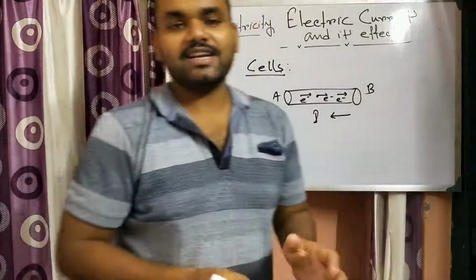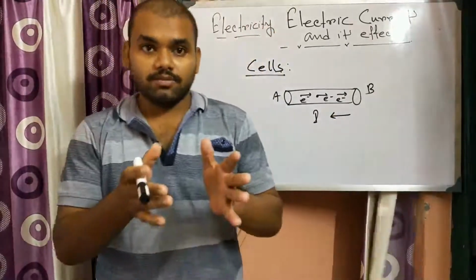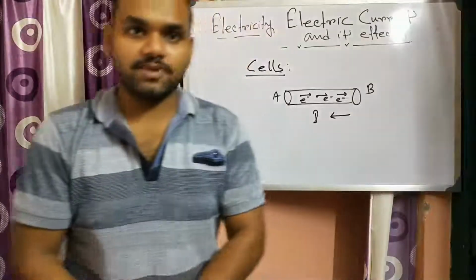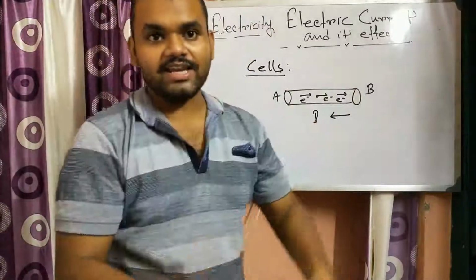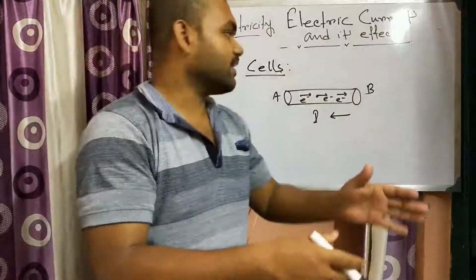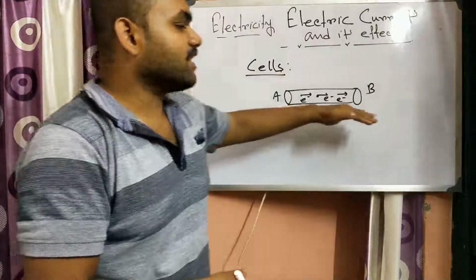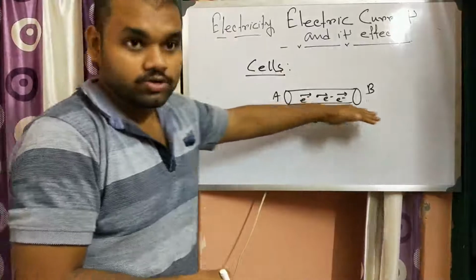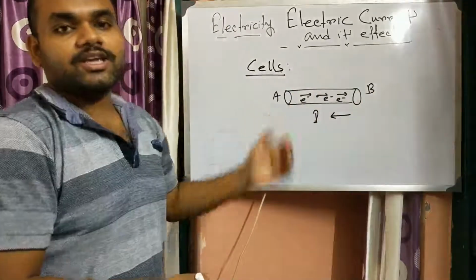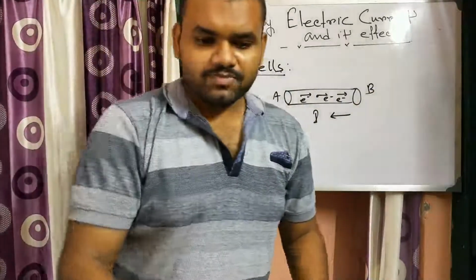Because electric current is considered as the flow of positively charged particles. So as the electron is a negatively charged particle, whatever the direction of the electron, the current will flow in the opposite direction.